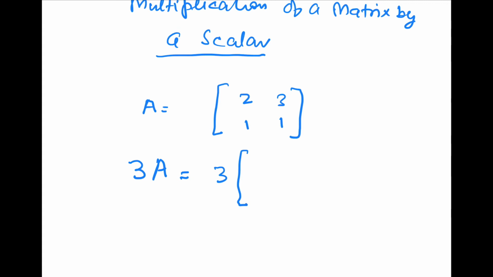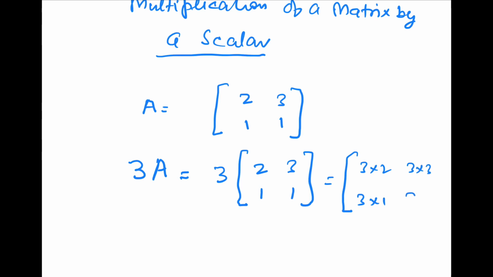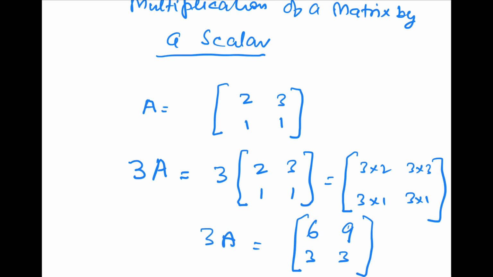We multiply this matrix by 3. Then each element of the matrix will be multiplied by the factor 3 and we get 3 into 2, 3 into 1, 3 into 3, 3 into 1, and the matrix will be [6, 3; 9, 3]. So, this is the value of 3A. This is the multiplication of a matrix by a scalar.